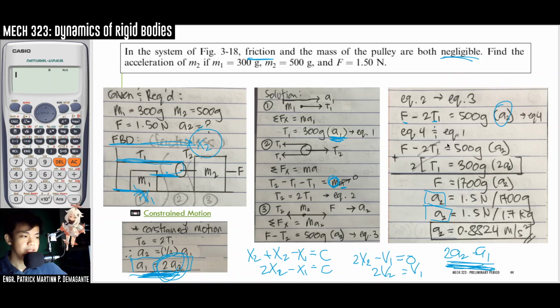Equation 4. Then, 4 to equation 1. Dahil naka-A1 siya, substitute natin yung A1 daw ay equal to 2A2. Then, continue lang ulit sa system. Then, you will have the A2, which is 0.8824 meters per second squared. Okay.